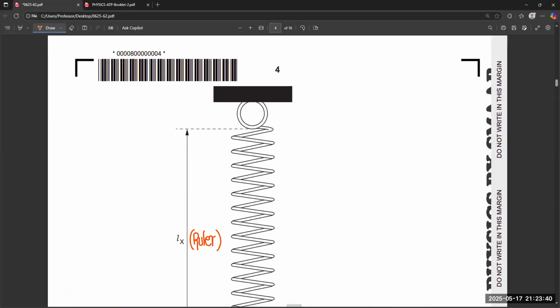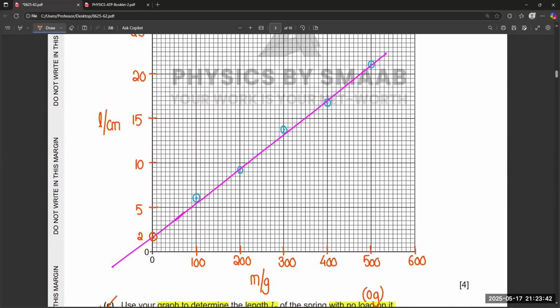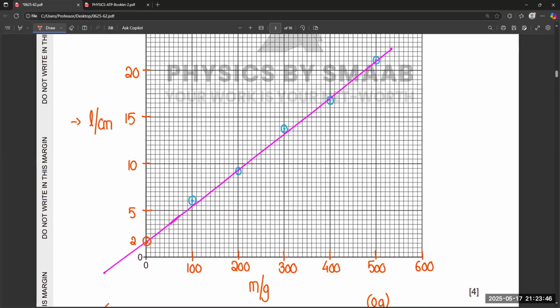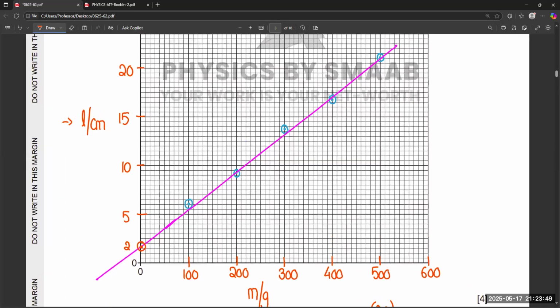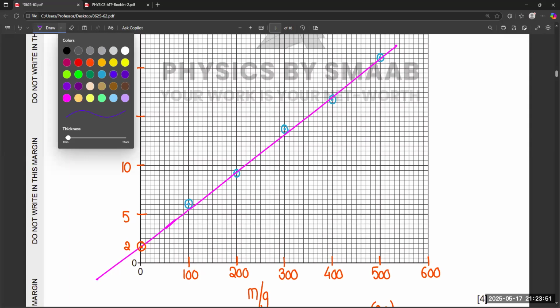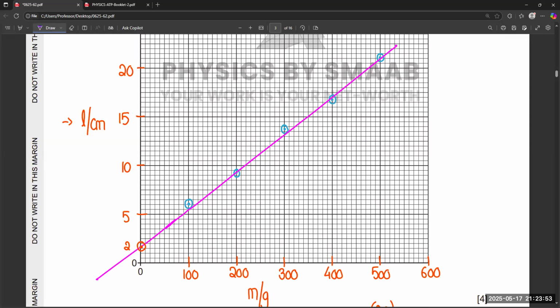So if you go through the graph again, you already have length x given on the graph and we got the value 10.8. So if we identify 10.8 on the graph, this is 10.8, almost close to 11.